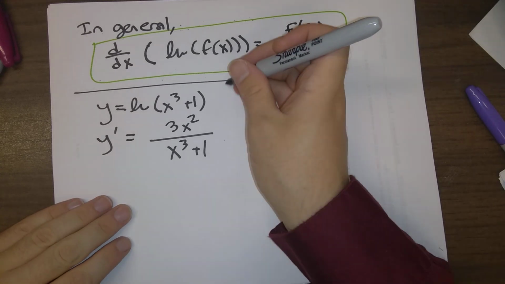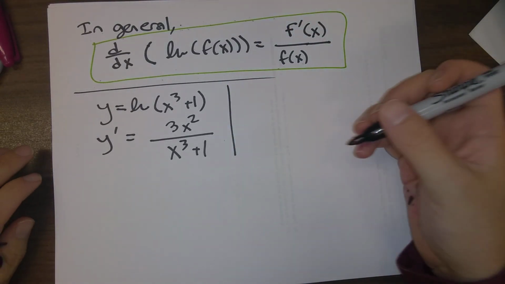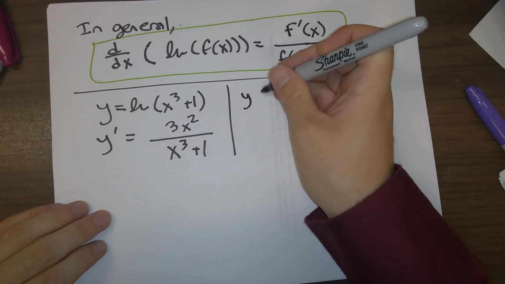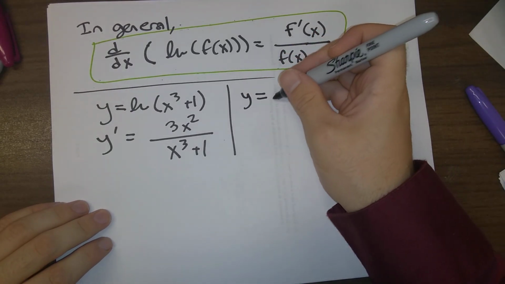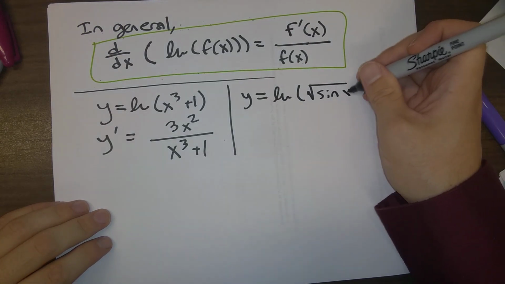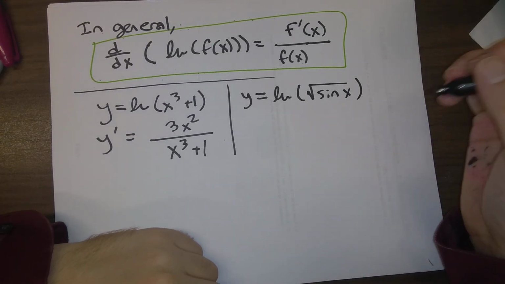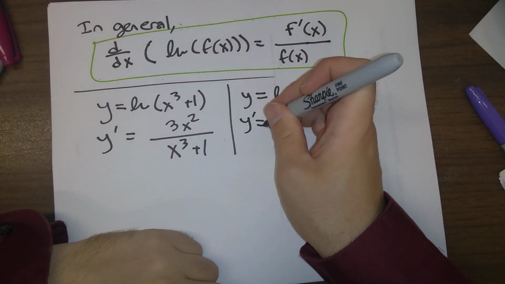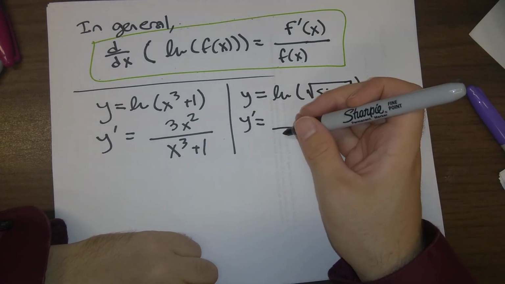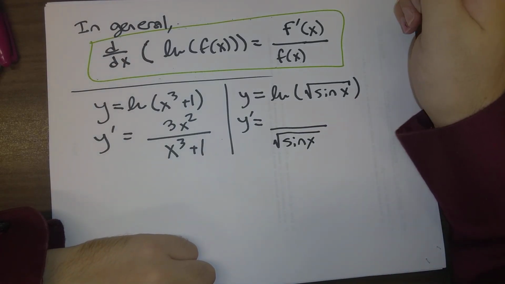So there's that example. We can also have one more example just to show off some stuff. If y is equal to natural log of square root of sine of x, so we're going to have a couple applications of the chain rule here. Y prime is, so once again, our denominator is going to be that inside function left alone.